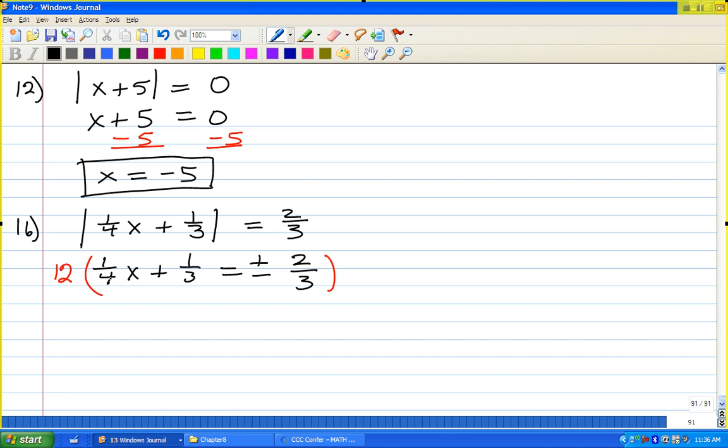12 divided by 4 is 3 times x is 3x. 12 divided by 3 is 4. Positive times plus or minus, plus or minus. 12 divided by 3 is 4 times 2 is 8. Let me solve for x.